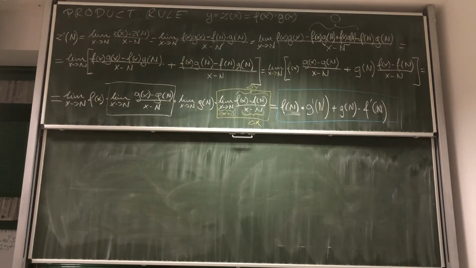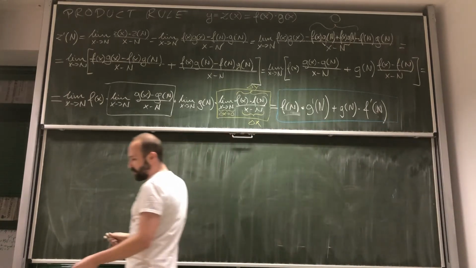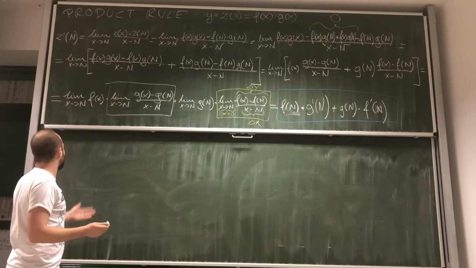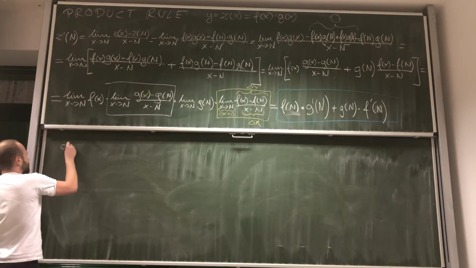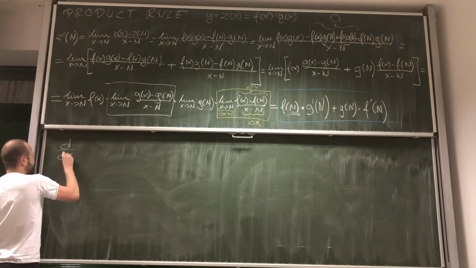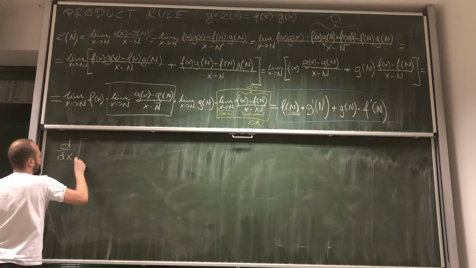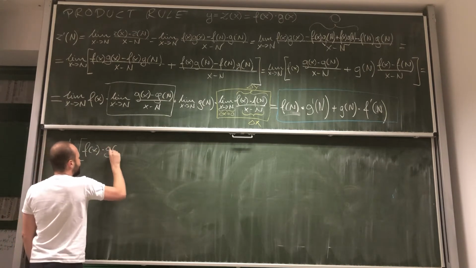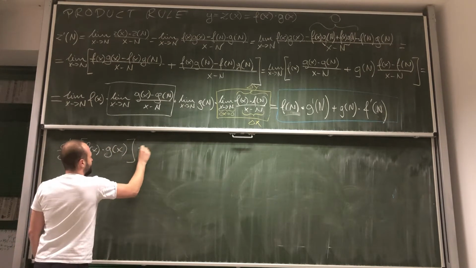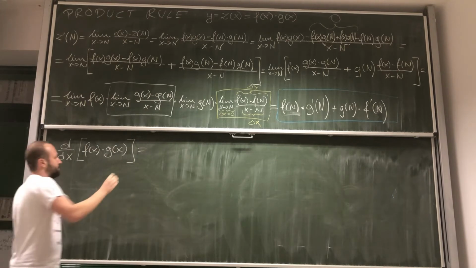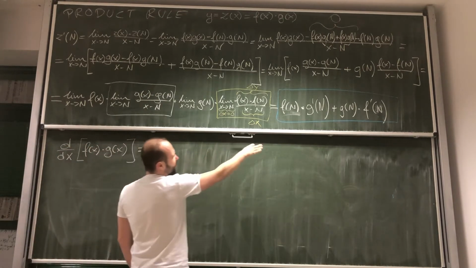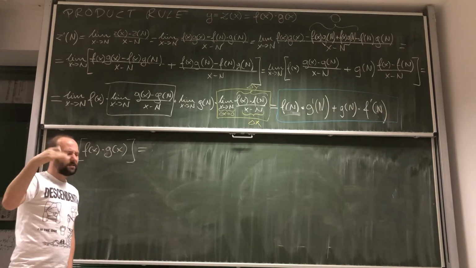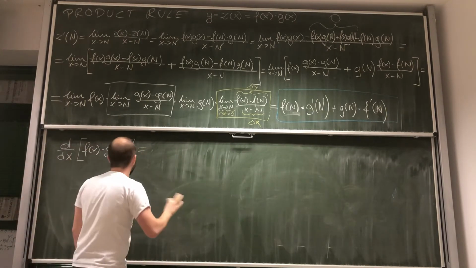So, let's write the final formula. The product rule says that the derivative of a product of two functions, f of x times g of x, is equal to, let me just change the order because it doesn't really matter, and it will serve as a mnemonic device a little bit later.